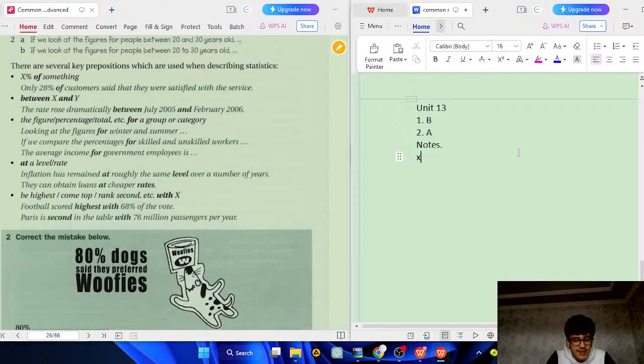X percent of something. This is the first one. X% of something.